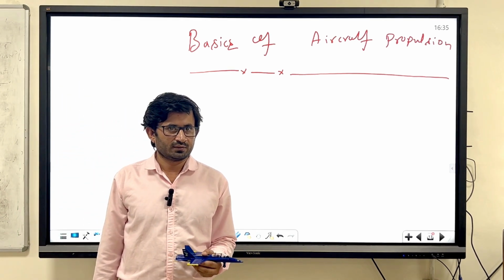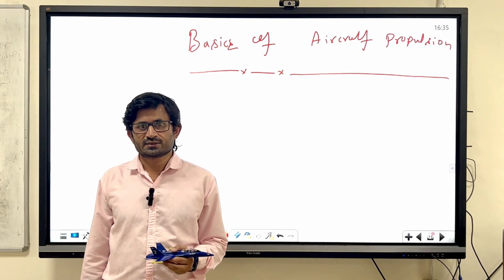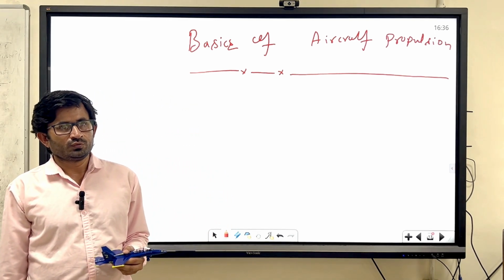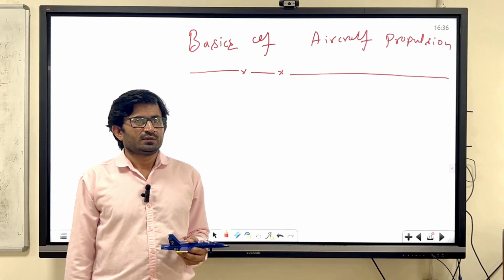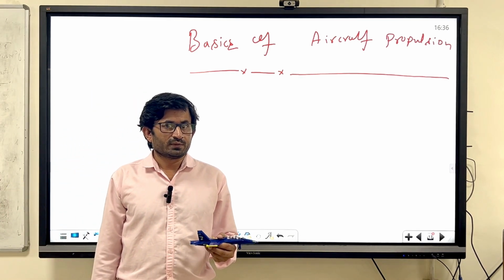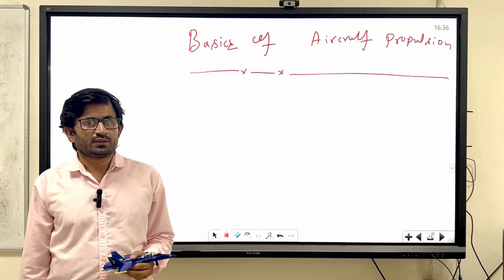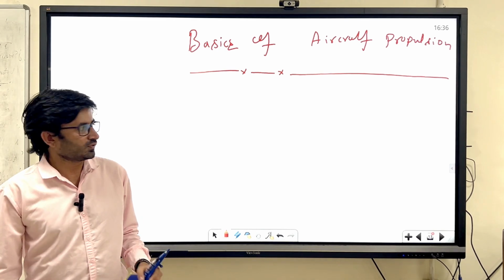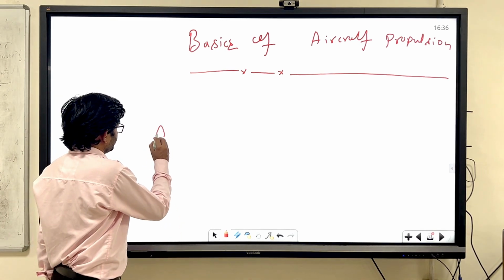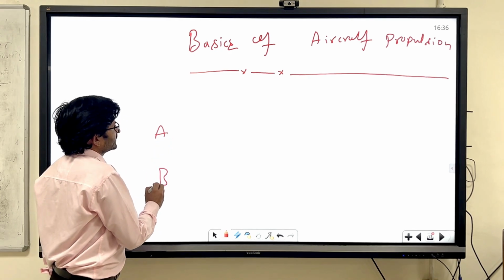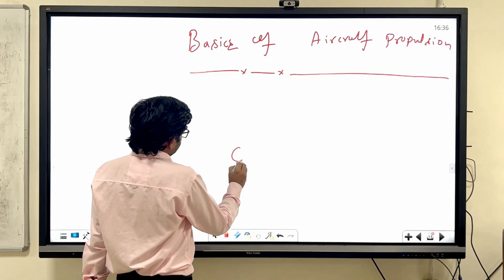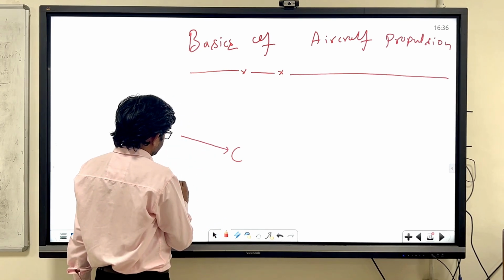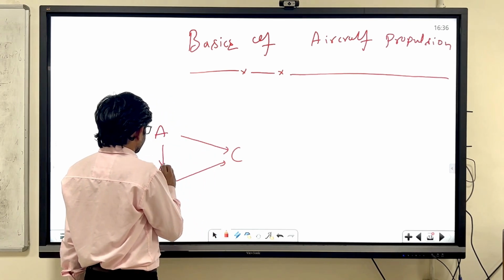second, and third law. Okay, so the zeroth law states that if two bodies individually are in equilibrium with a third body, then the first two bodies will also be in equilibrium with each other. For example, if this is body A and this is body B and each has equilibrium with C, then A and B will also be in equilibrium.